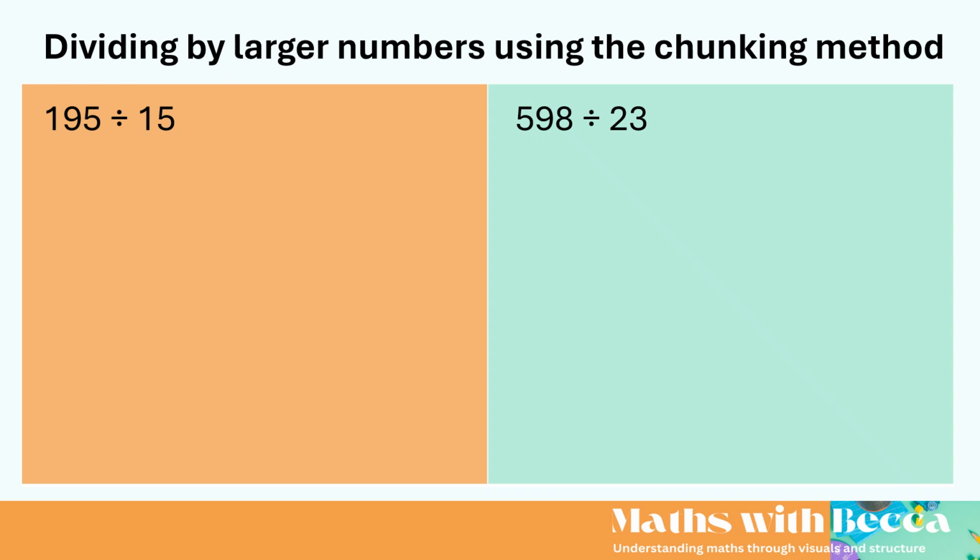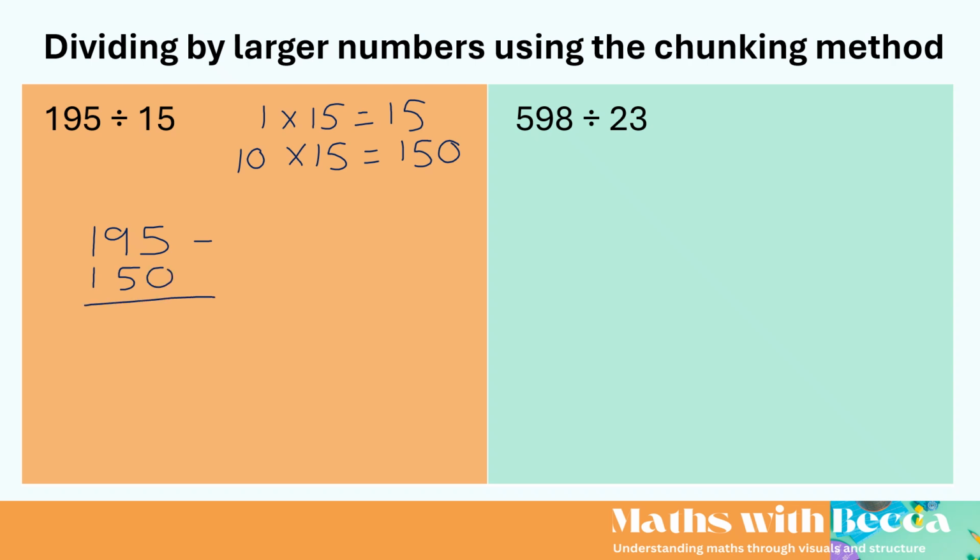So for example, I know that one lot of 15 is 15. I can use that fact to work out that 10 lots of 15 would have to be 150. So what I'm going to do is I'm going to take my number, I want to know how many 15s go into 195, and I'm going to take away 150.